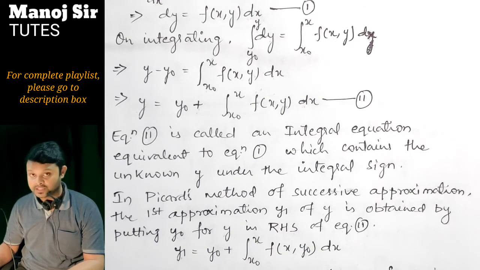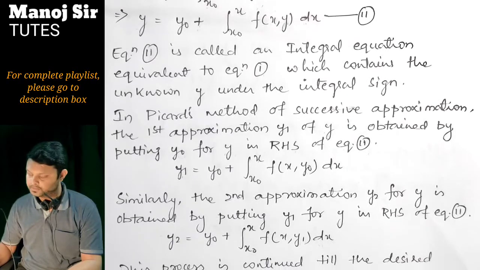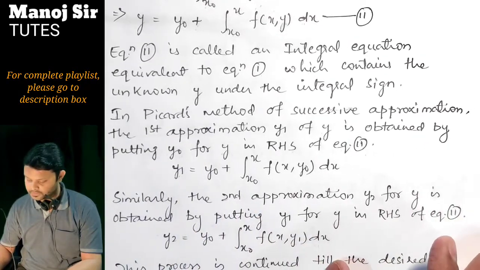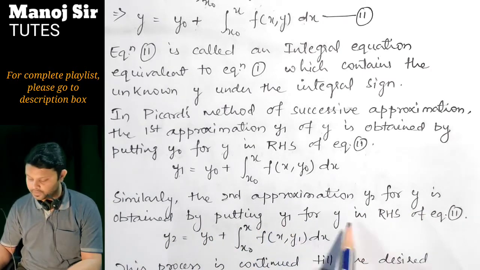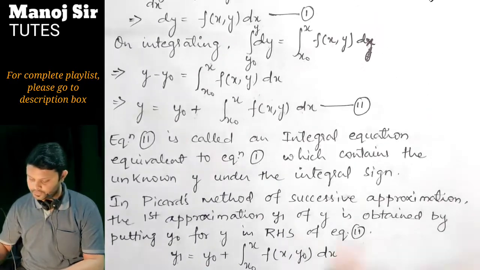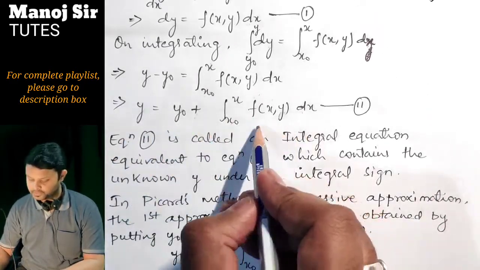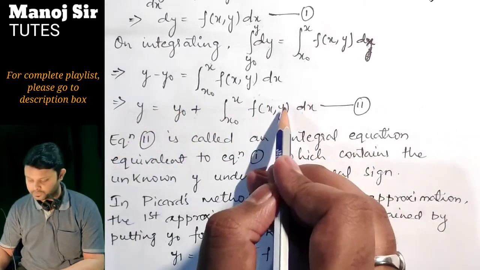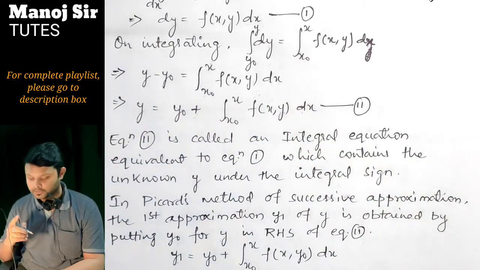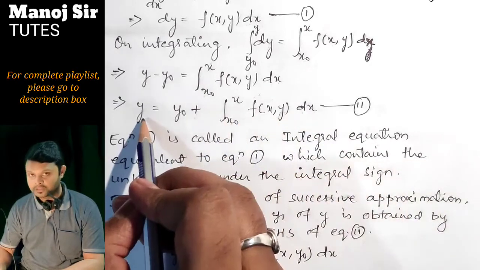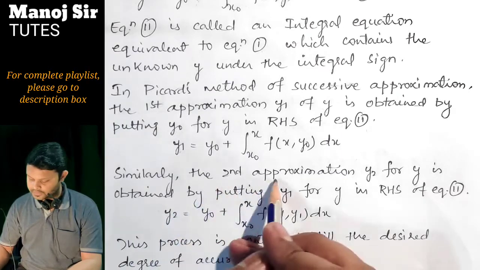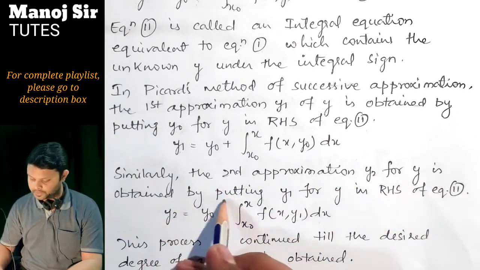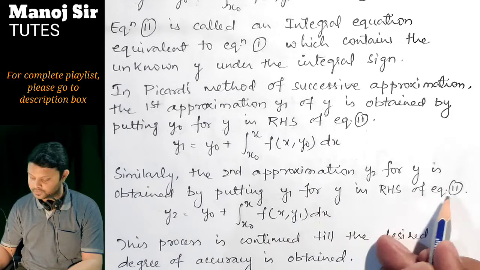Similarly, the second approximation y2 for y is obtained by putting y1 for y in the RHS of equation 2.